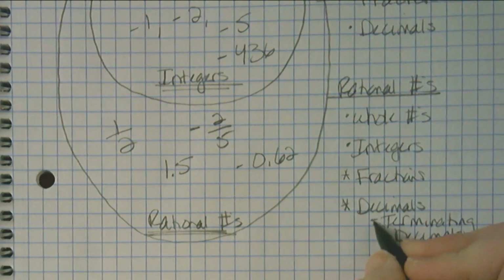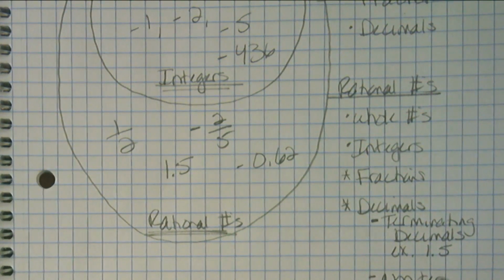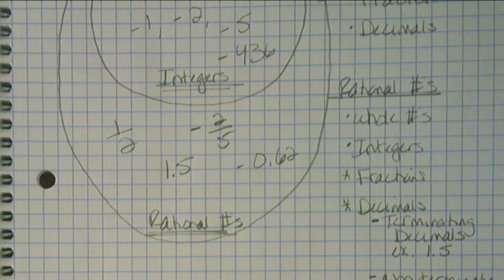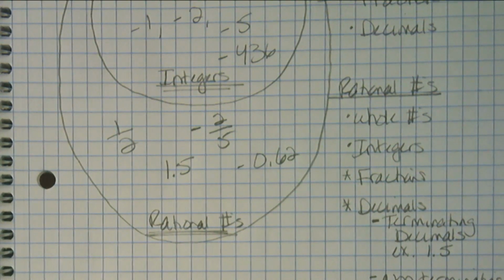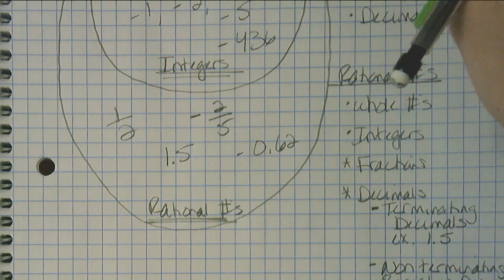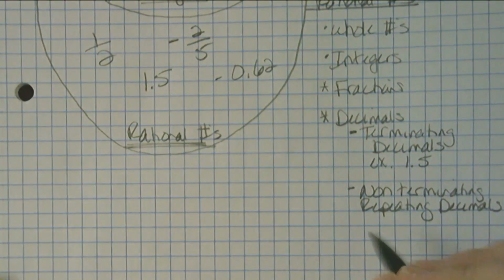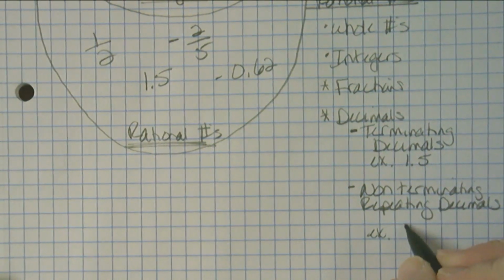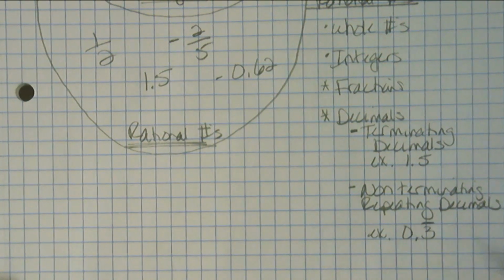All right, the other kind of decimal are non-terminating, repeating decimals. Non-terminating, repeating decimals. An example of that might be 0.3 repeating.